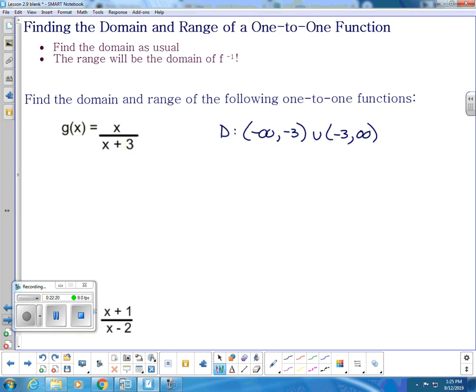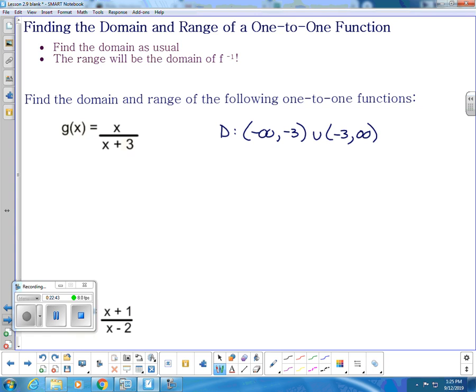Can you just look at this function and tell me the range? No. Now, I will tell you, hopefully, by the end of this year, or by December, whenever we learn this, you'll go, oh yeah, I know the range. Y can't be negative 1, or I'm sorry, y can't be 1. The range is everything but 1.